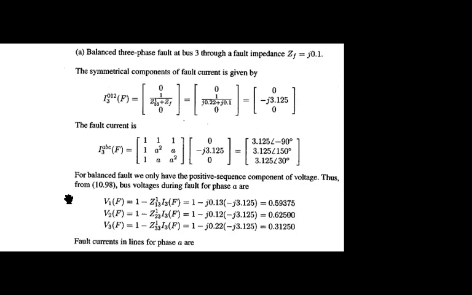Now, as you have the fault current calculation completed for bus 3 and the fault voltage for all the buses, can you find the fault current for a line? Do you have any clue? How can you find the fault current in a line?